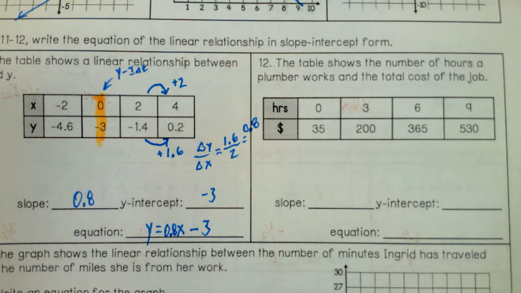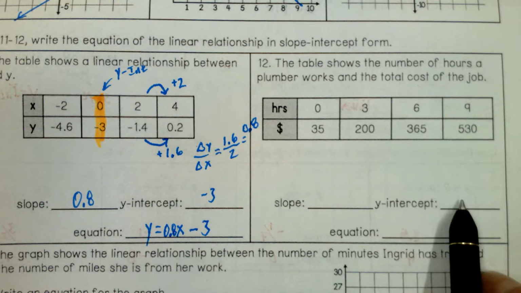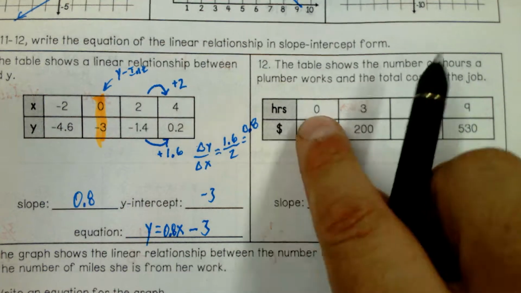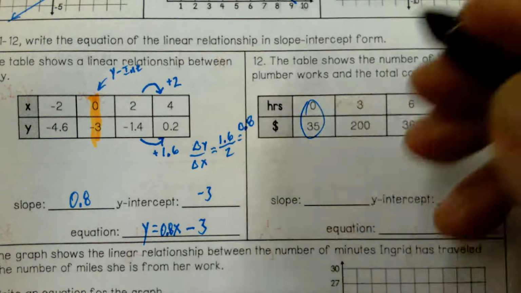We'll start with the easy one. What's the y-intercept number? 35. Right there.